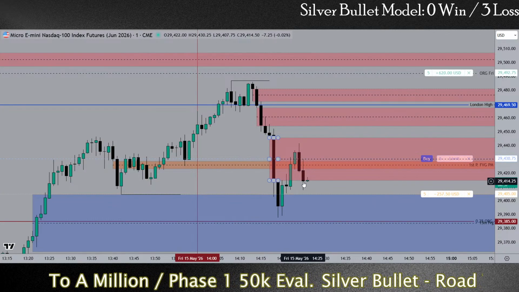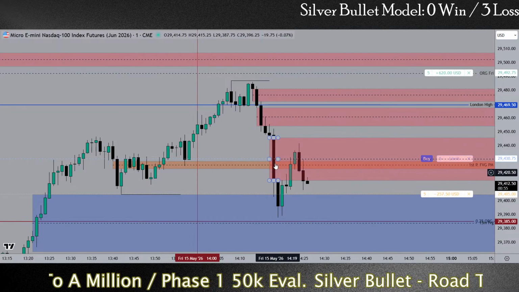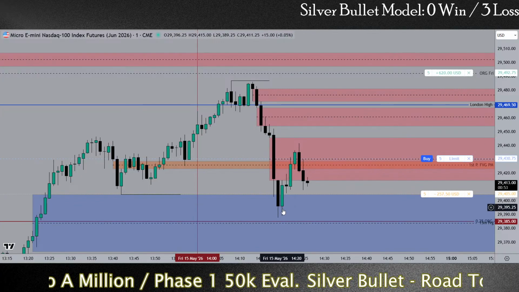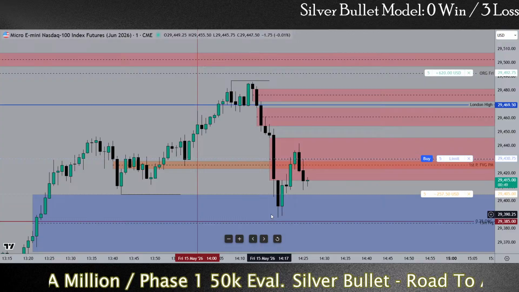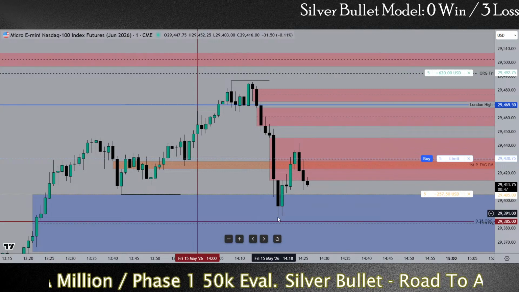Alright, it closed slightly below it there. So the original function of a CB like this would be to reprice to it and then offer lower prices, a run towards this low, right?